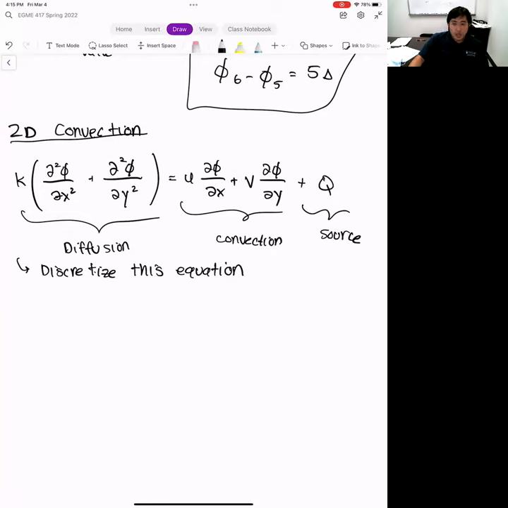But before I do that, there is an added level of complexity to any kind of convection problems, and that has to do with the fact that our convection derivatives can go unstable under certain situations.